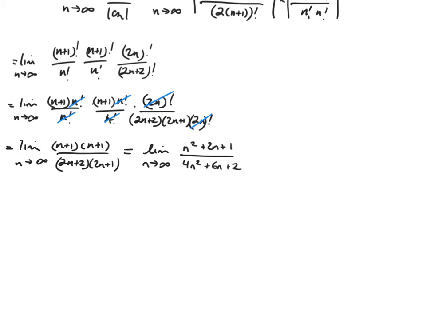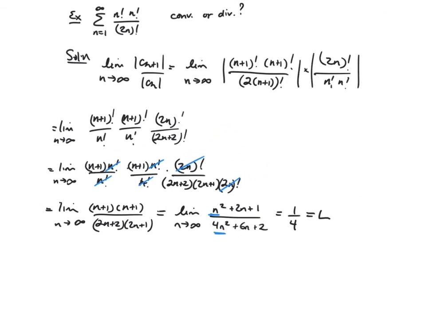That's the 1 in front of the n squared, and the 4 in front of the n squared on the bottom. Any way you cut it, the ratio of those coefficients is 1 over 4, which is my L value.